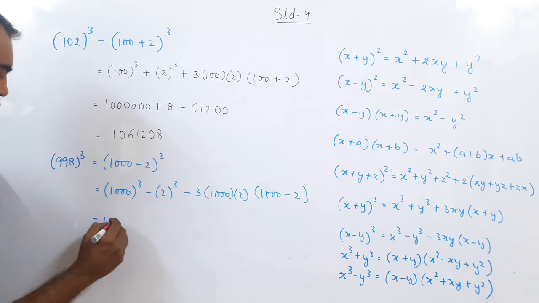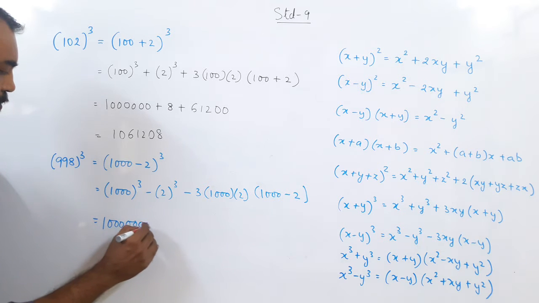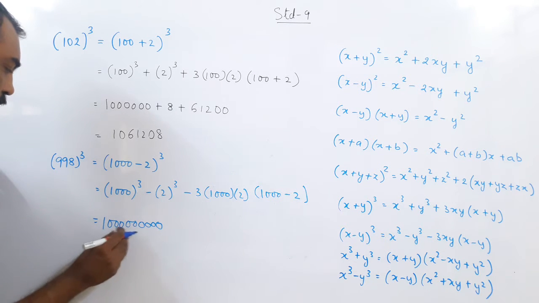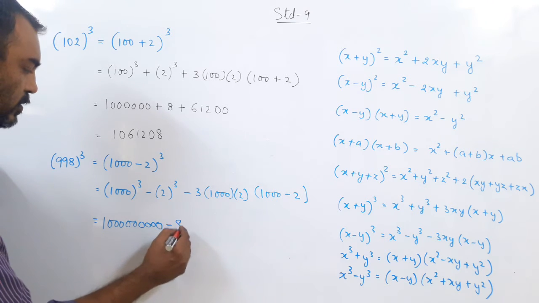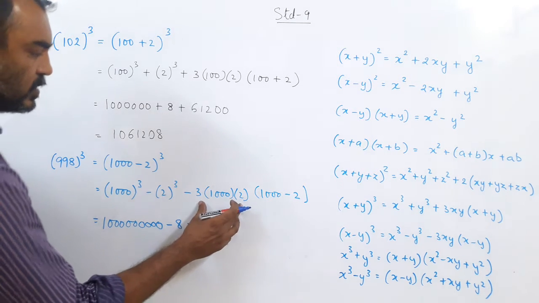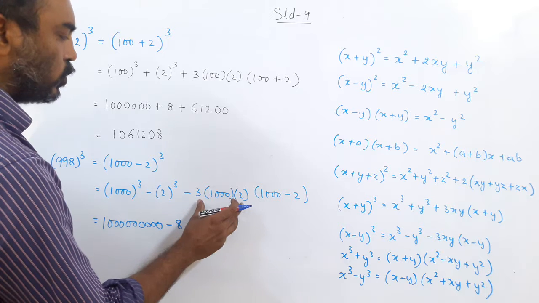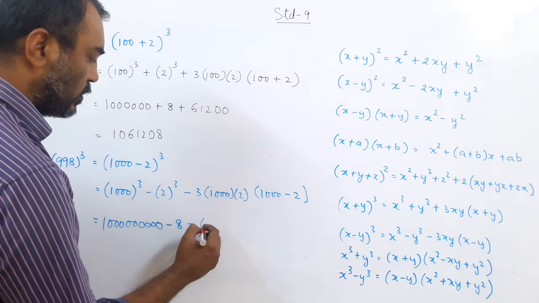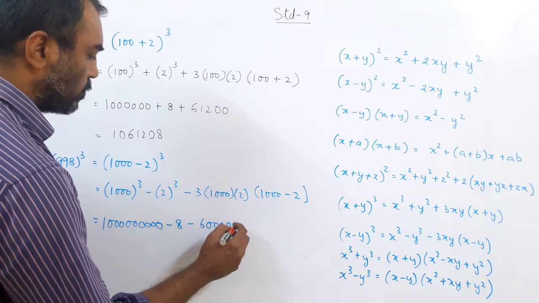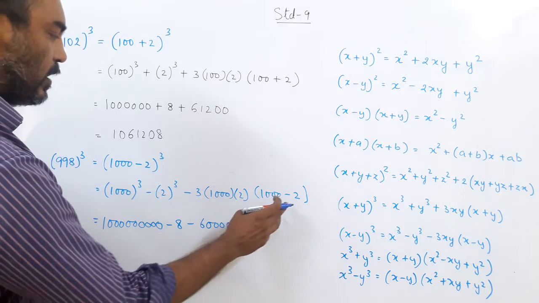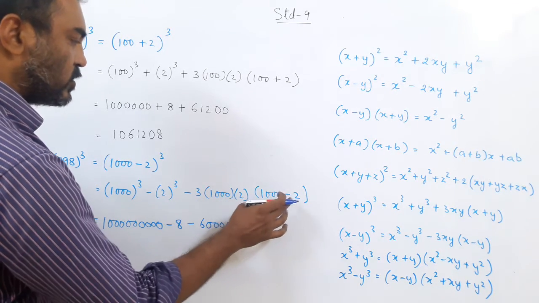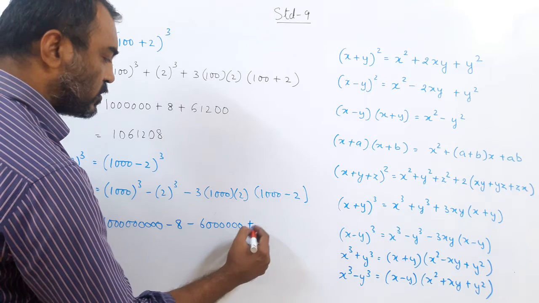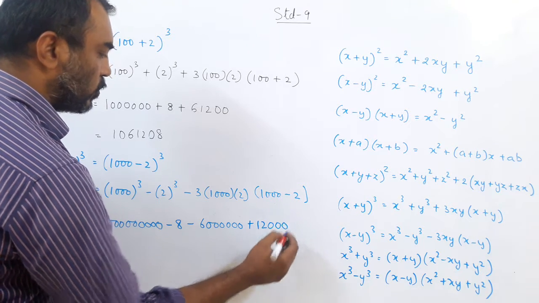Now the cube gives 9 zeros, minus 8, minus what is this? 6000 into 1000 minus 2, 6000 into minus 2 gives plus 12,000.